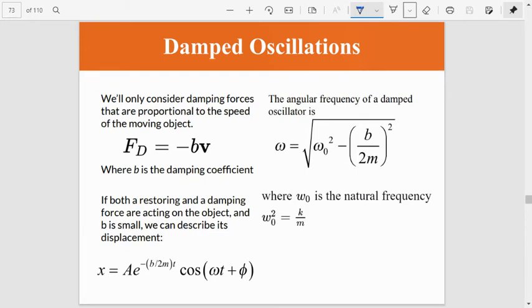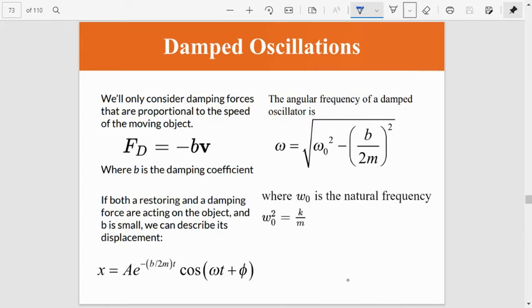Now, if you look at the formula closely, the way that the angular frequency is defined for that damped oscillator, where there's a restoring force and a damping force acting on it, so this could be an oscillator like a piston submerged in a very viscous liquid, or a block spring system exposed to really strong gusts of wind, then the angular frequency term is a bit more complicated than before.